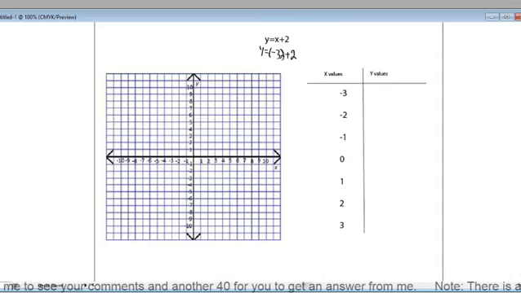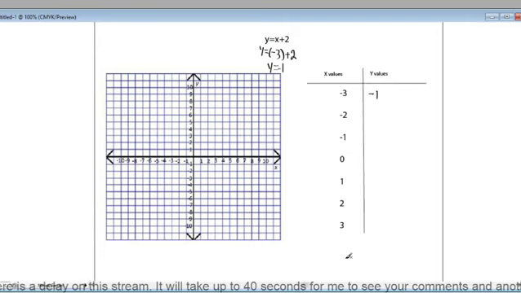Alright, and what is negative 3 plus 2? That'd be negative 1. So y equals negative 1. And there's our first value for y. So we're going to go over here, and where we have negative 3 for x, we're going to record negative 1 for our y. And we'll keep doing the same thing for all of these values.